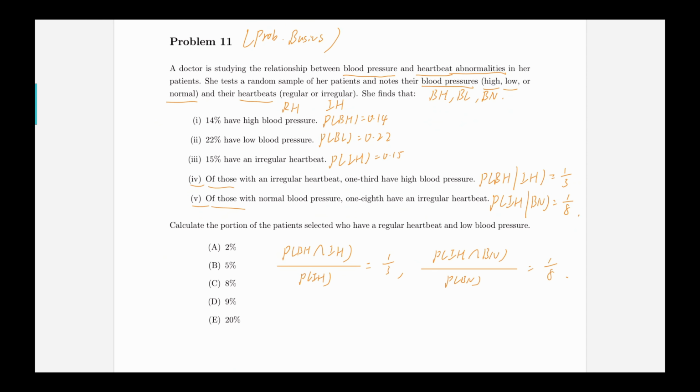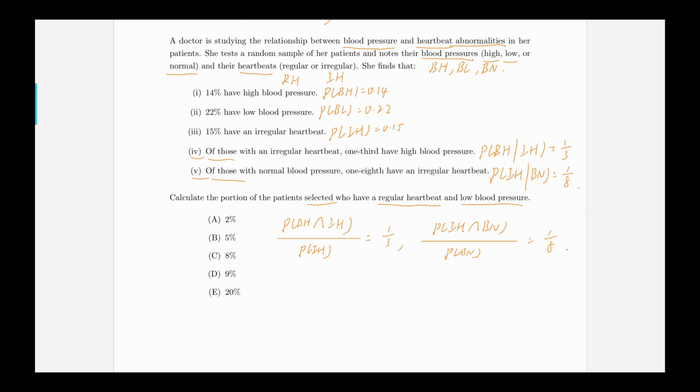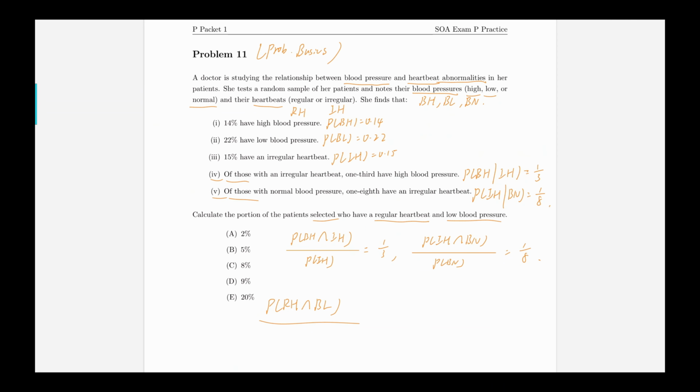Okay, so now what's our goal? Our goal is to find the portion of the patients selected who have a regular heartbeat and low blood pressure. So we want to find P of RH and BL. If I can find this, we are happy. And how do I do that?